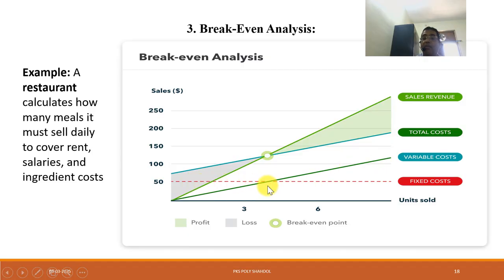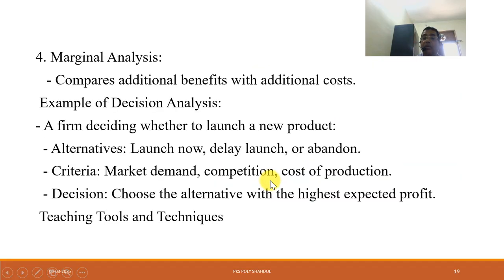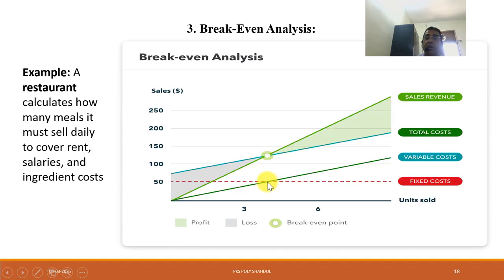And if we plot the graph between these two, we find where it cuts, and at this point the variable and fixed cost match. After that we have to decide that this point is the break-even point. At this point we have neither loss nor profit, profit is 0, and after that we will be in profit.